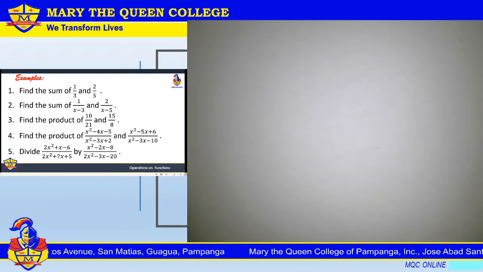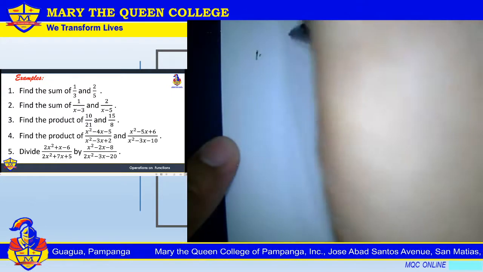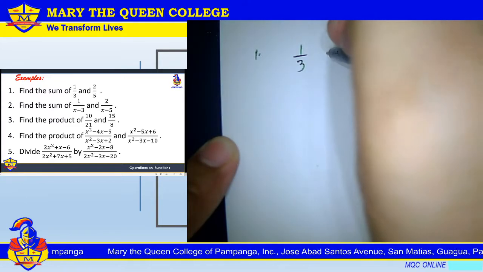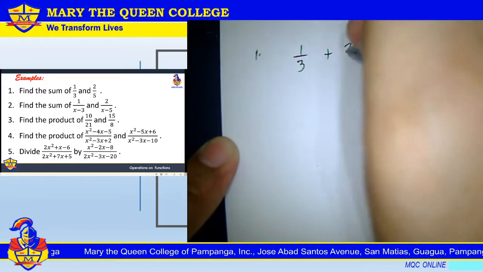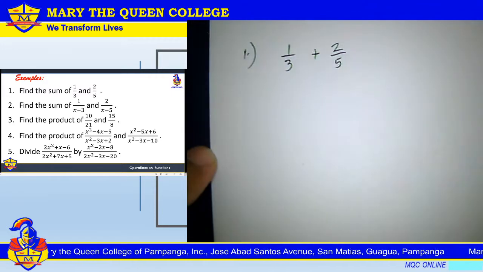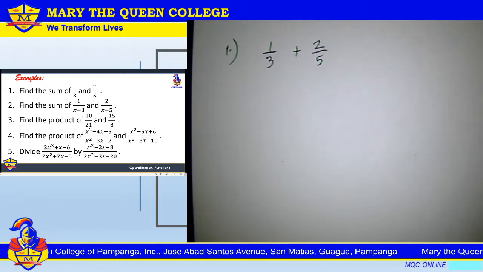So for number 1, we have find the sum of 1/3 and 2/5. So we have 1/3 plus 2/5. Actually this is a basic lesson taught during your elementary and junior high school, no?